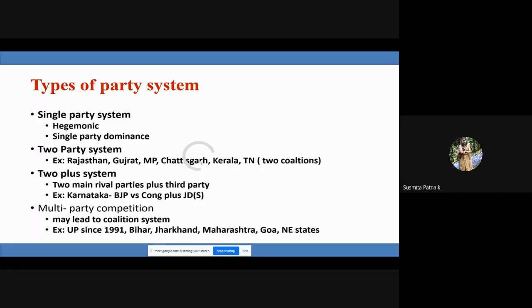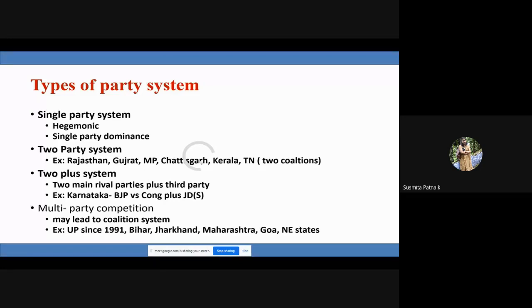Depending upon the nature of the democracy and the size of the country, the party systems have been divided into different categories. Whether there is a unitary system, federal system, monarchical system or any other type of system, the people have to choose the party according to their type.